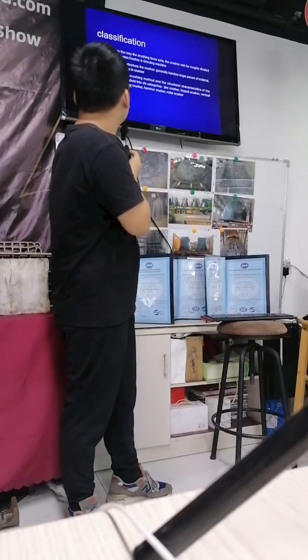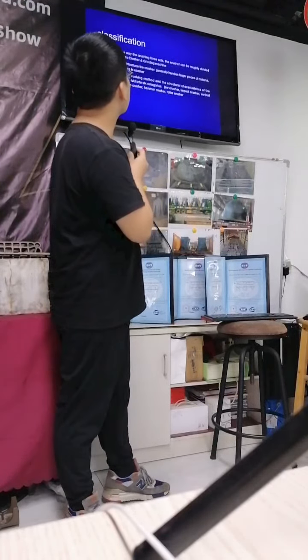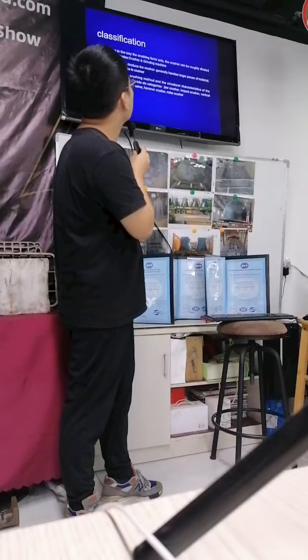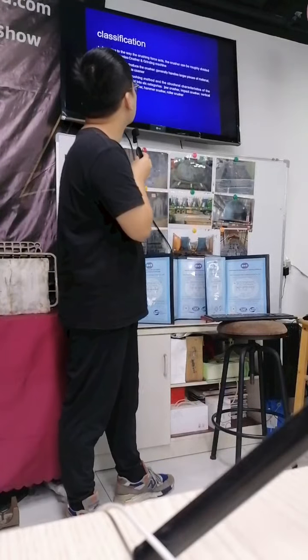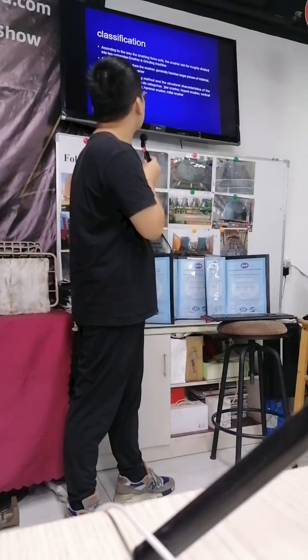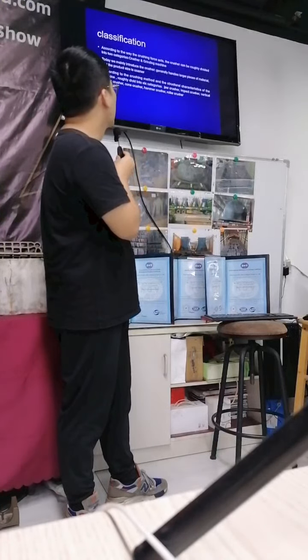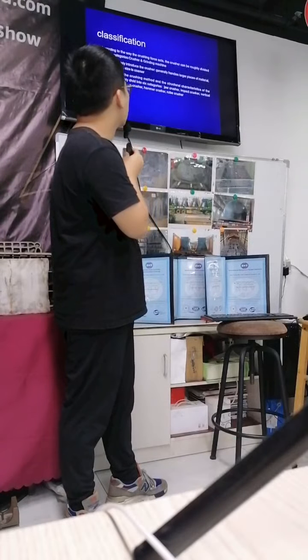The classifications of the crushers. According to the way the crushing force acts, the crusher can be loosely divided into two categories: crusher and grinding machine. Today we mainly introduce the crusher.